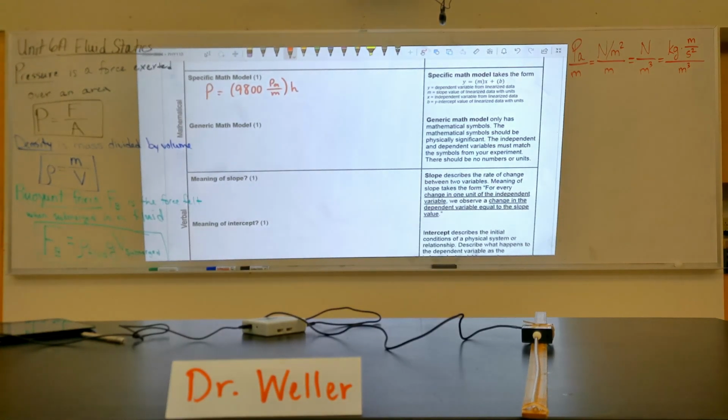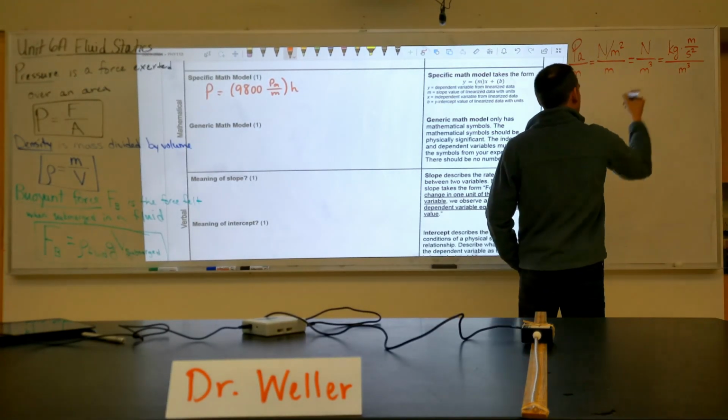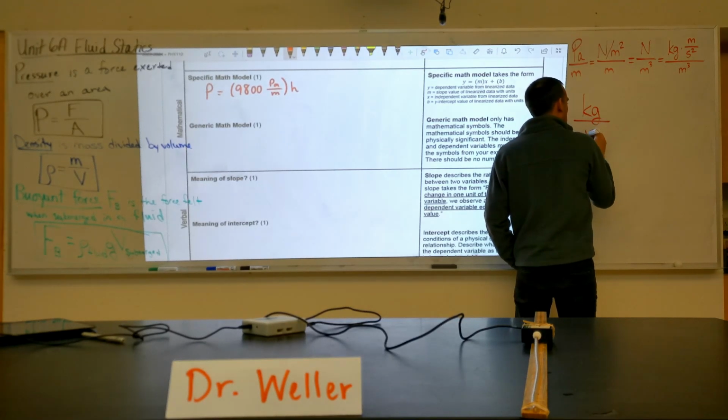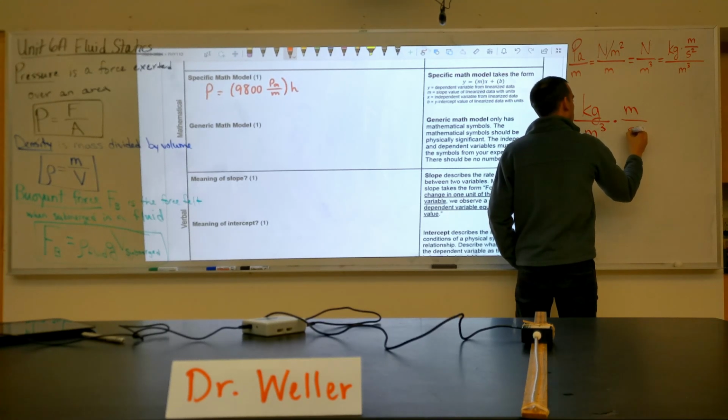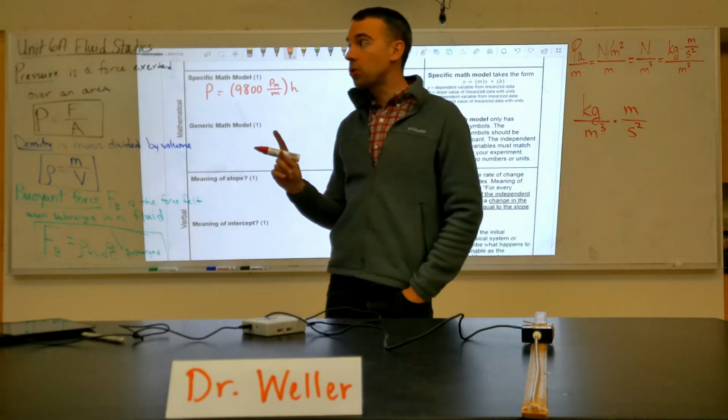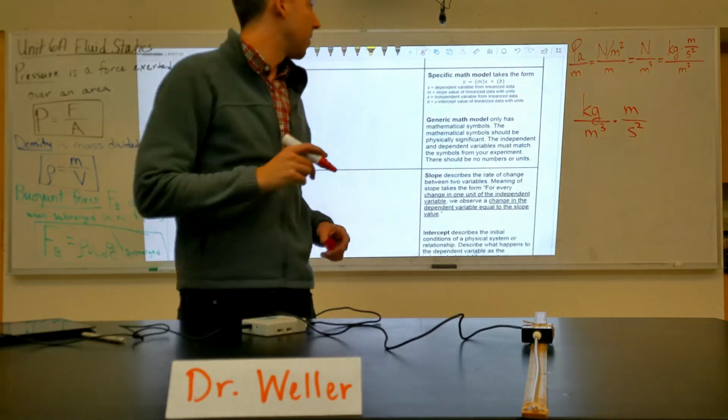Now, I'm actually not going to do a simplification and cancel this out, for a reason. I'll just take that number. Really, I have kilograms over meters cubed times meter per second squared. Sure, some of those could cancel, but just follow me on this for a sec.